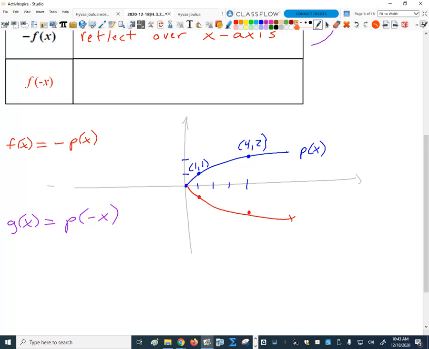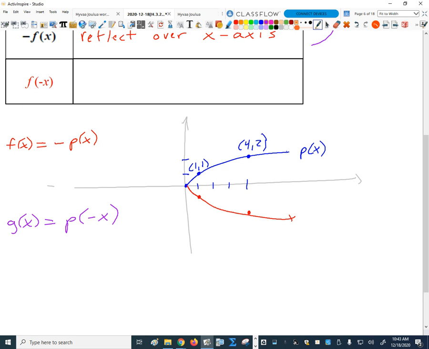Can I take a square root of a negative number? Can't do that, can I? Right? I can only take square roots of non-negative numbers. That's one of our 2 fundamental rules for real numbers. We can't divide by 0, and we can't take an even root of a negative number, right? Okay, so there is no point at x equals +1.